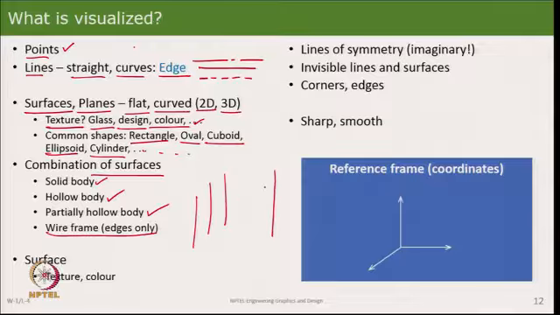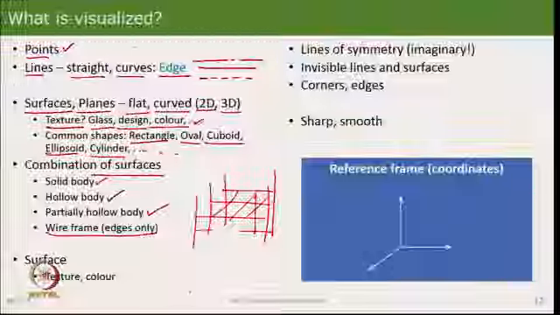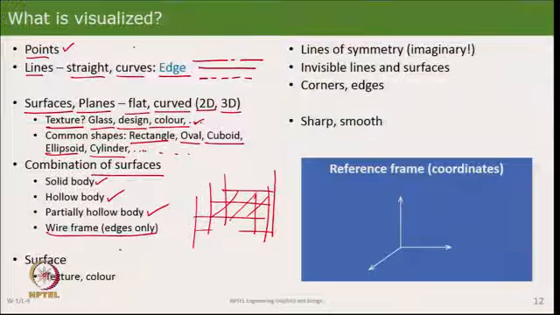So, you have a bunch of wires over there, these are joined at different places, and then there are more wires over there, and we get a stand on which you can keep things. So, this is an example of what we may call a wire frame, but we will denote wire frame as something where we take an object and all the edges are shown as wires. So, only thick lines come there, nothing else gets shown up. So, these are different ways by which we will show surfaces, and that is how we will look at them.